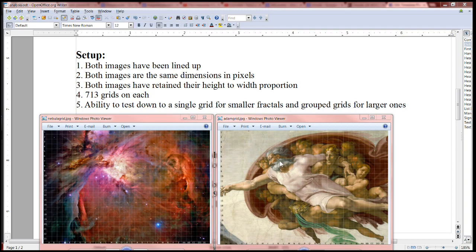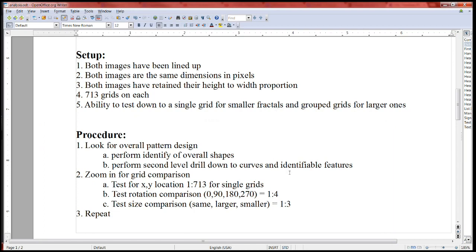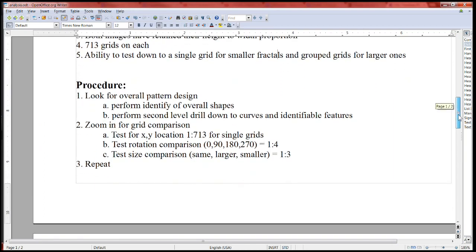We're going to do major spot checking. And what that's going to do for us is show us proportionally that these things are located in the same areas with the same rotation, with the same size, and with the same shapes. And when we start doing the math on all of that, we'll realize that it actually becomes astronomical numbers. So here's the procedure.